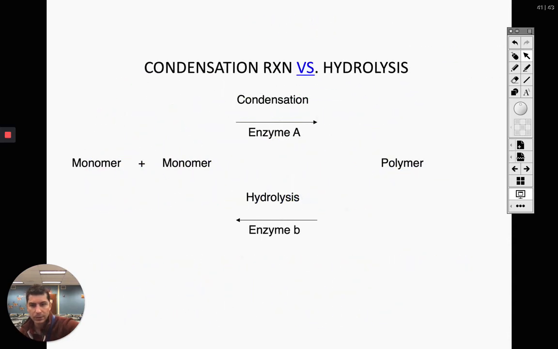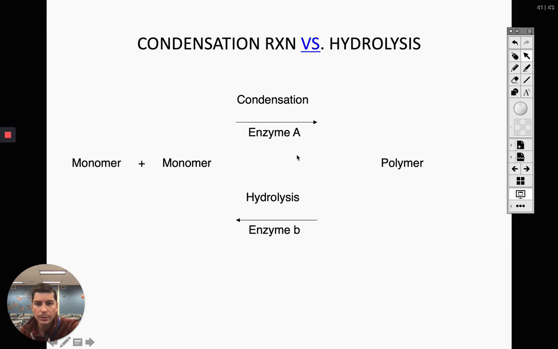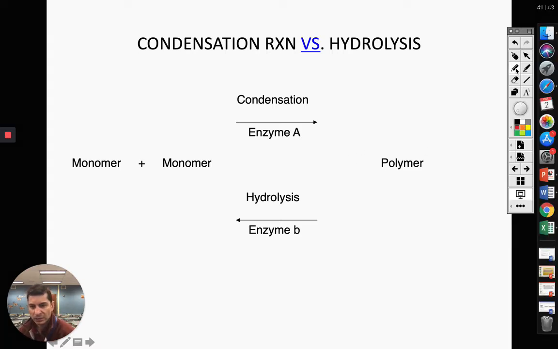So here are our two reactions. The top one is called a condensation reaction. This is when we are combining monomers and we get a polymer out of it. So we'd be going this way for a condensation or dehydration reaction. They're the same thing. So we are combining monomers to make a polymer.